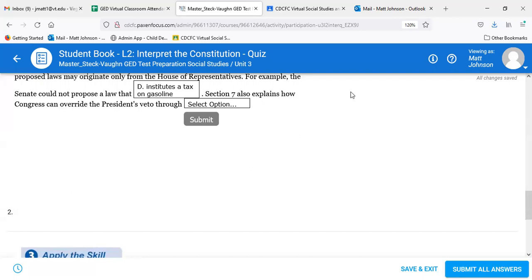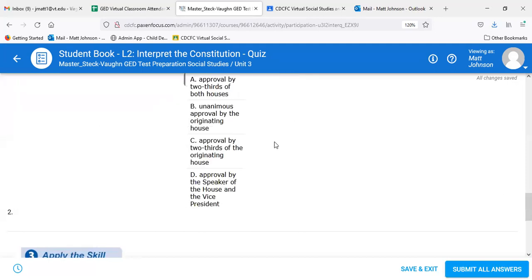And I'll take the last one here. Section 7 also explains how Congress can override the president's veto through. How do they override a veto in Congress? Is it C?